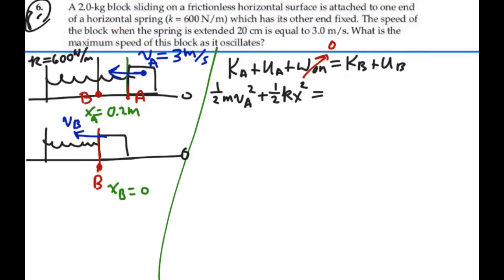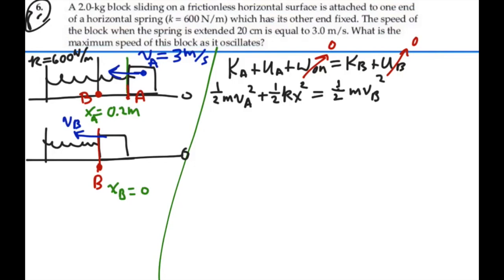That's equal to our kinetic energy at B, which is 1/2 mass times velocity at B squared. And our potential energy at B is going to be 0 because the spring is no longer stretched or extended, and we have a gravitational potential energy of 0 because our height is 0. So that's all we have.